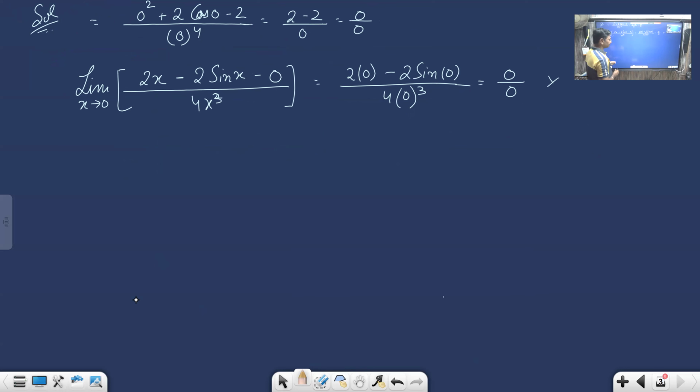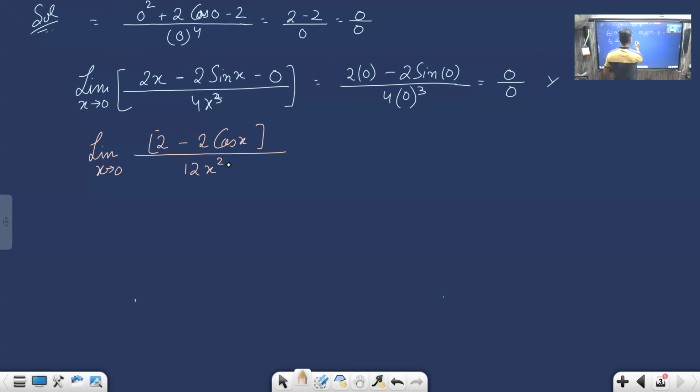Anybody, sir? Limit. Let's differentiate once again. 2x, 2 cos x. 4 into 3, 12, x to the power 2.